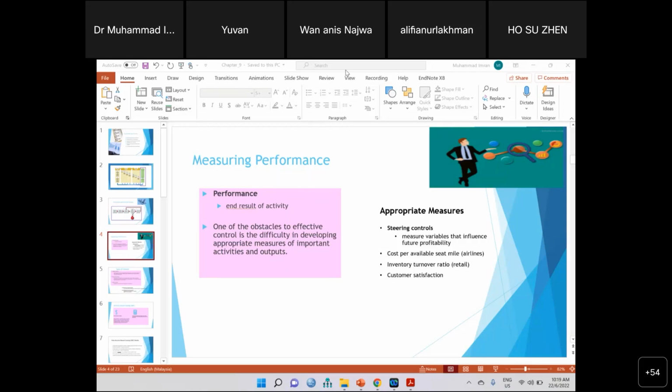In Malaysia, which airline is offering low or affordable prices compared to other competitors? Which airline is more low cost? Group 10?